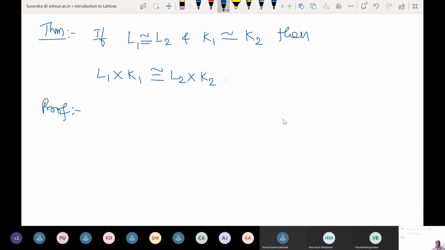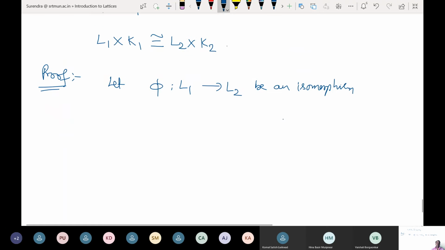So how will we prove it? The proof is not at all difficult. Somehow we should define a map from L1 cross K1 to L2 cross K2, by using the fact that L1 and L2, and K1 and K2, are isomorphic. So we can start by supposing phi, a map from L1 to L2, is an isomorphism, and suppose psi is a map from K1 to K2, which is also an isomorphism.